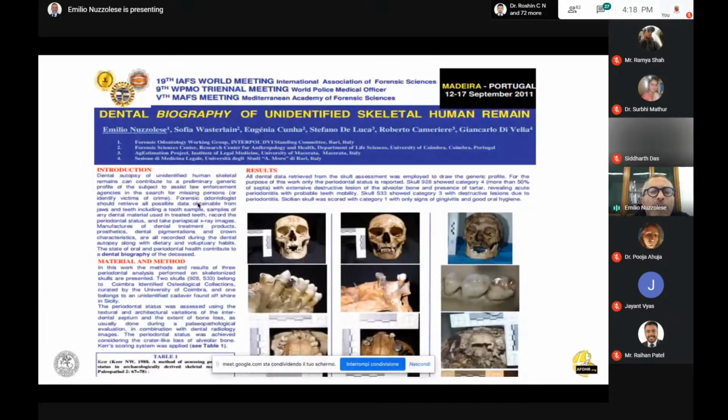The dental biography is related to geographical origin, socioeconomic habits, if the person was a drinker, smoker. We can obtain some information about the habits and lifestyle of the human remains, and this allows us to create a profile of the unidentified human remains, which will be used when searching for the compatible missing persons.